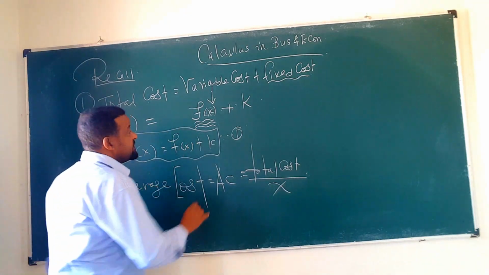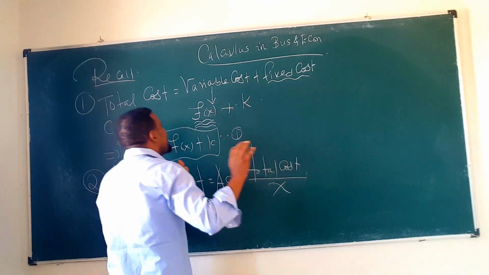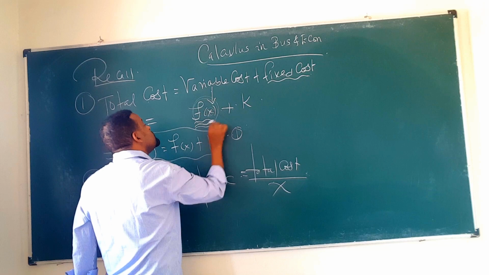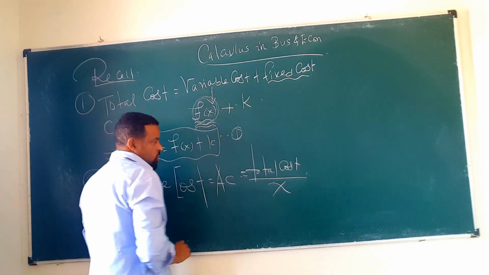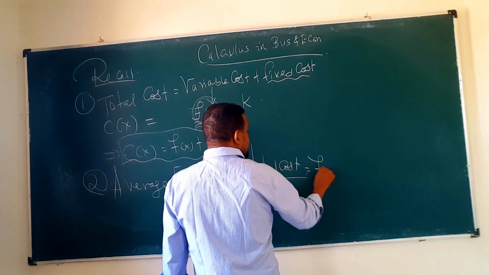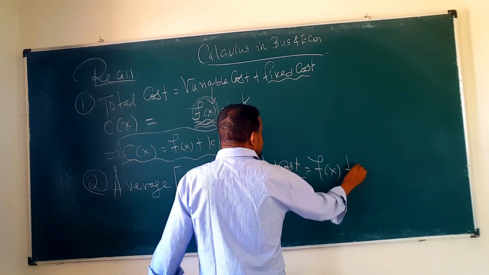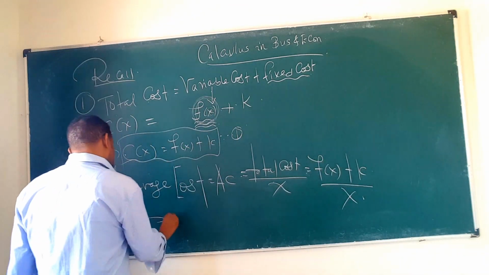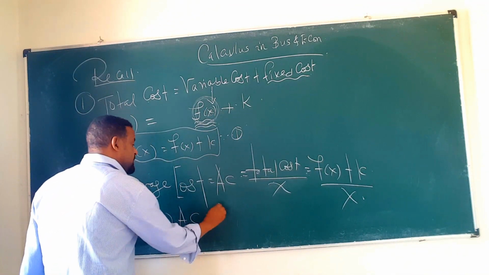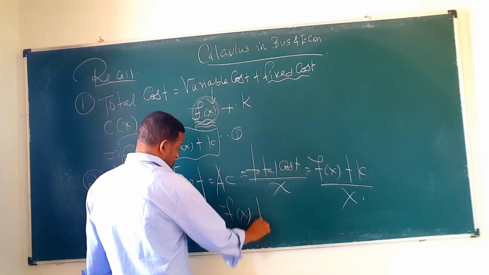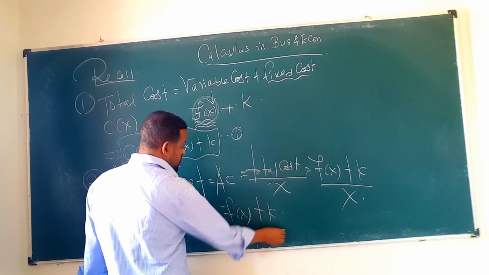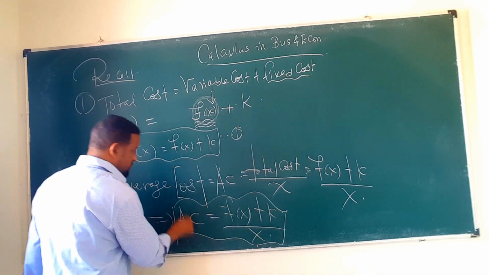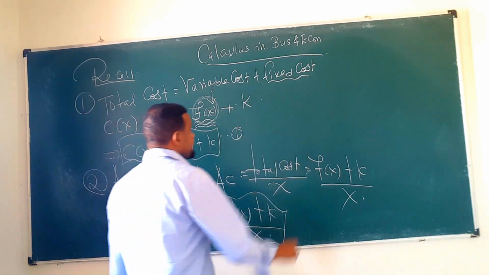You should remember that this fixed cost is independent of the output level, and this variable cost doesn't contain any constant. So the average cost is given by f of x plus the fixed cost k over x. You have to also remember this formula. Of course, this is the second formula.